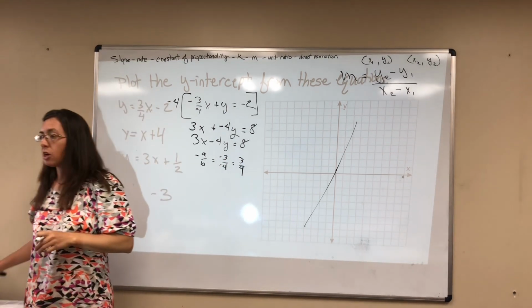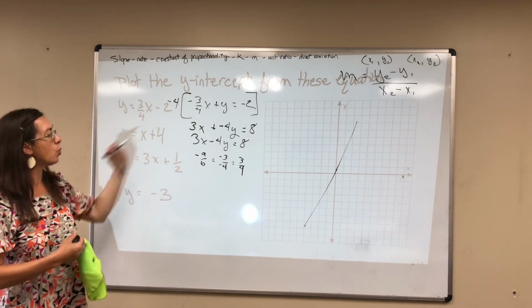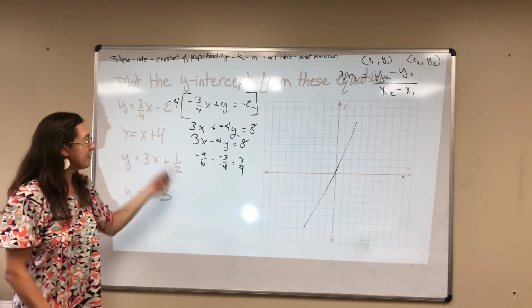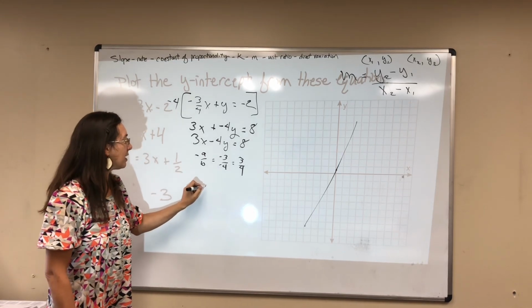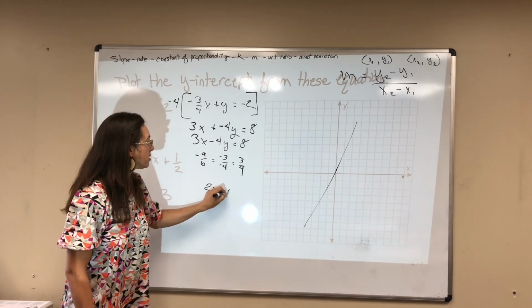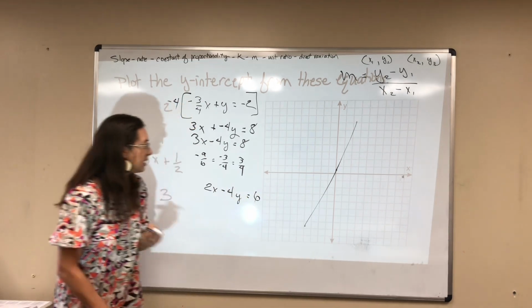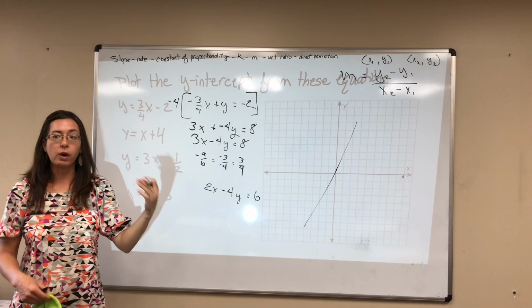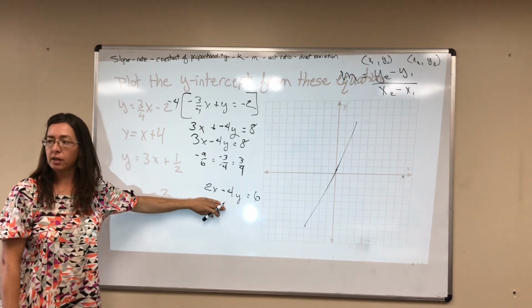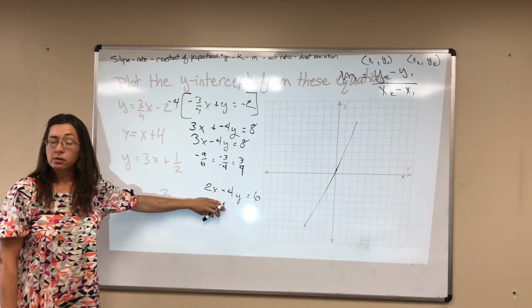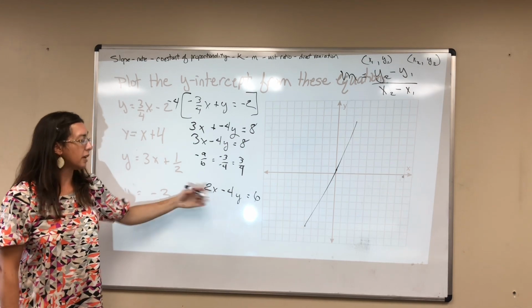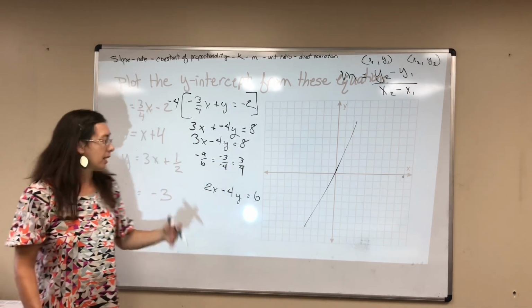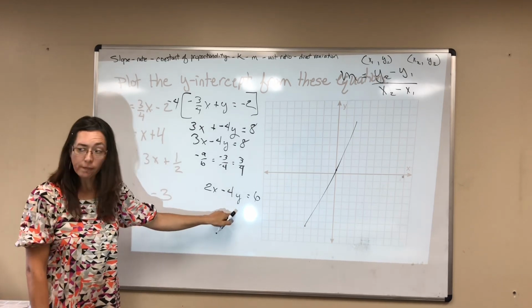You got bonus content, another way to quick graph without actually having to work the whole thing out. Now, if they give me 2x minus 4y equals 6, and they say match the line, or tell me is the slope positive, negative, undefined, or 0, I can solve for y.